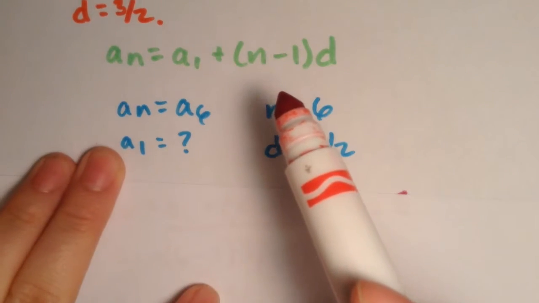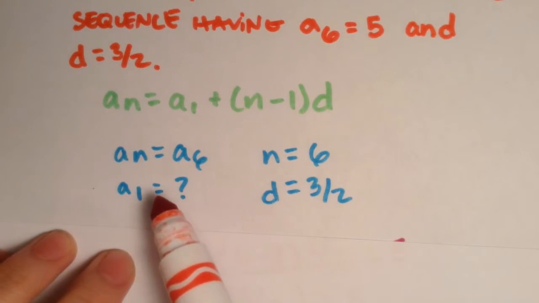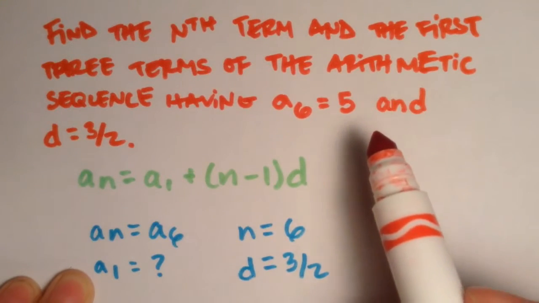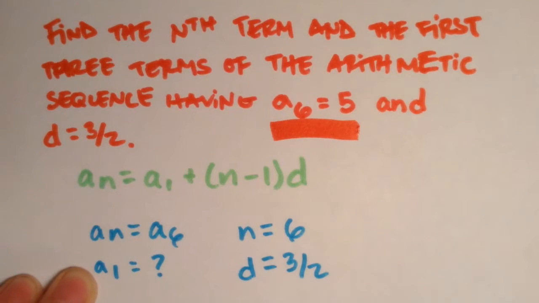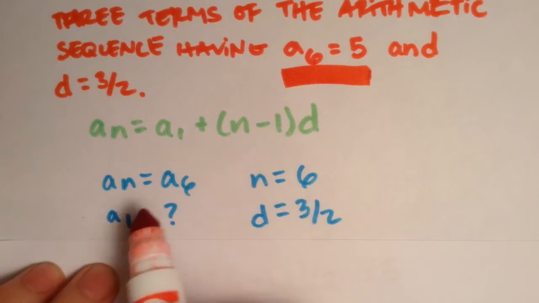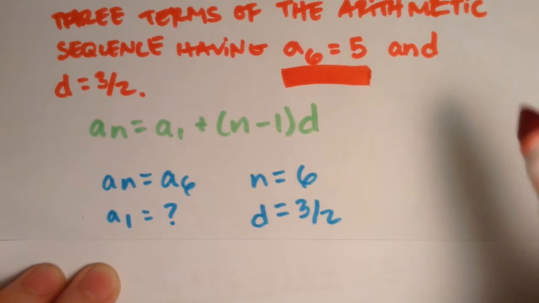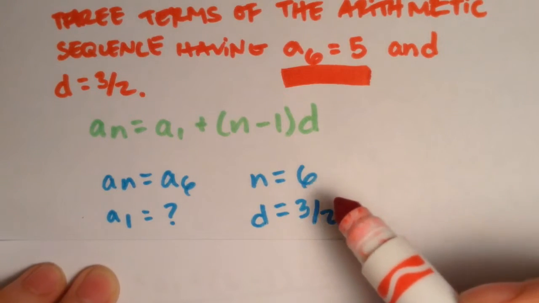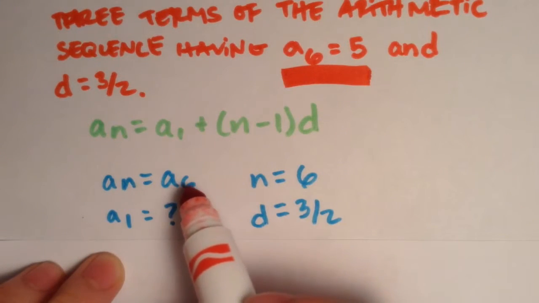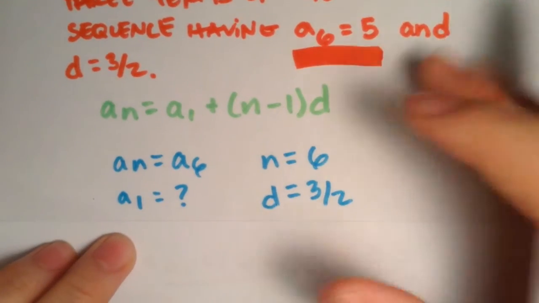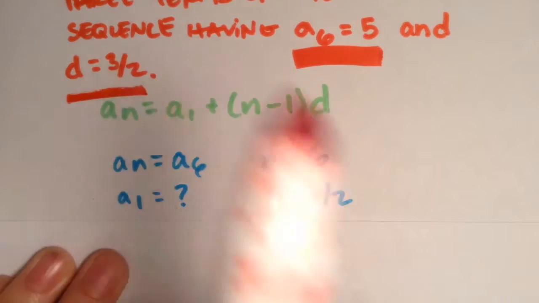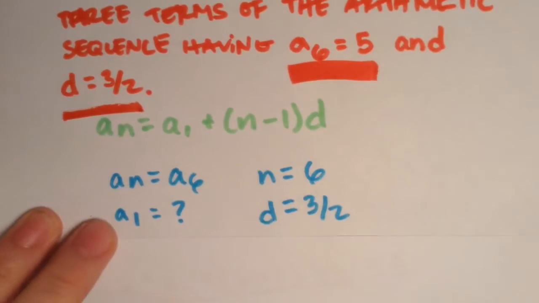Here a sub n is a sub 6, as given right here. Our a sub 1, we don't know yet because we are looking for the first 3 terms, remember? And n is 6, because it is a sub 6. And d equals 3/2, the common difference that was given to you.